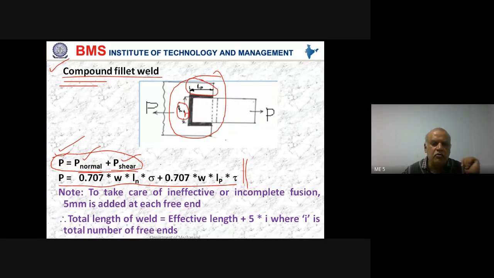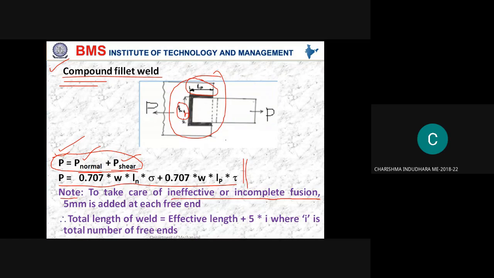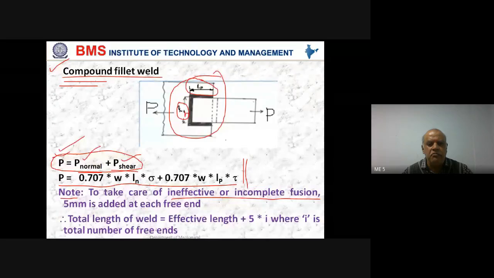Now I have put a note over there, that is to take care of ineffective or incomplete fusion. 5 mm is added at each free end. So to compensate for incomplete welding or ineffective welding, 5 mm is added extra at each end of the weld.